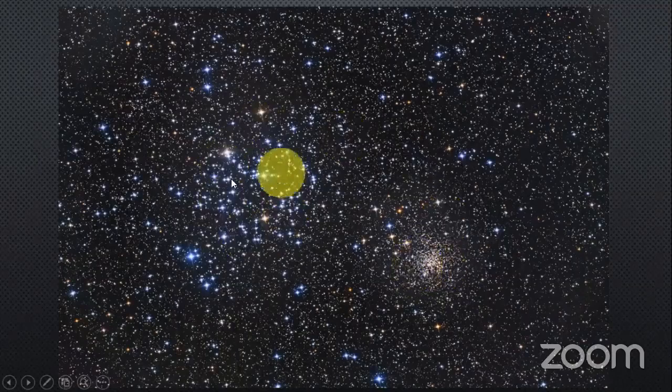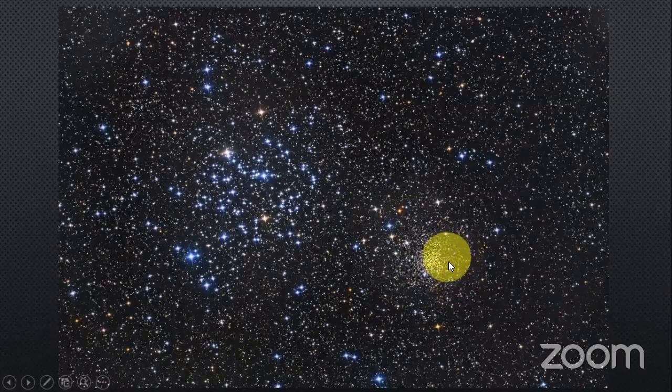There are also some stars around here. If you compare this region to other regions, you would agree with me that this is called a star cluster. So here is another kind of star cluster.